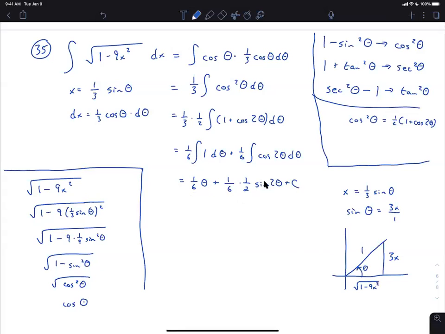And now we're going to go back to this answer and try to use the triangle to go back from theta to x. So, all right, we take a second and use the double angle formula for sine. It says that sine of 2 theta is 2 sine theta cosine theta.